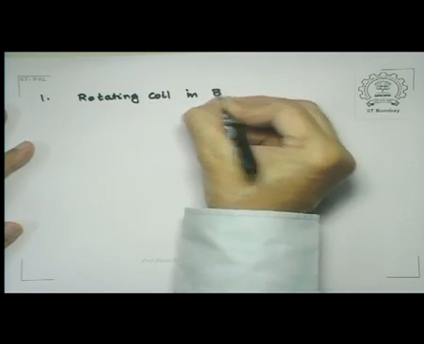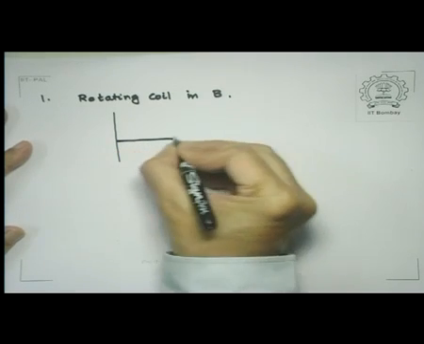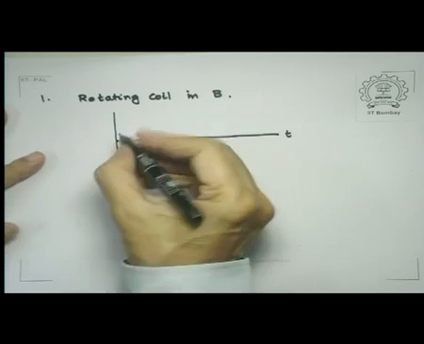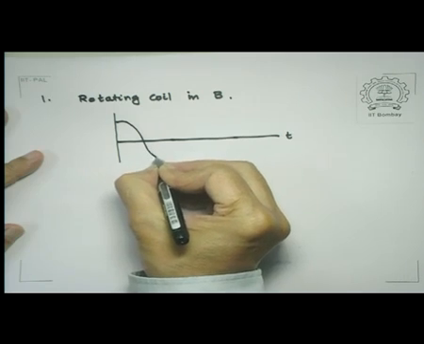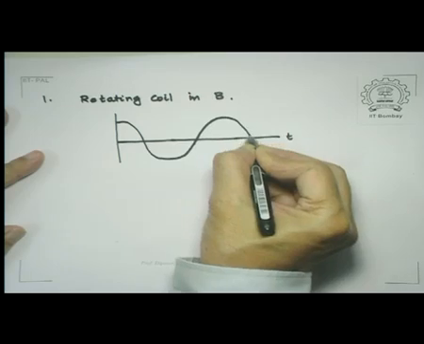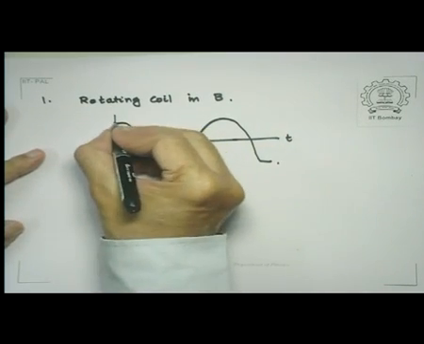The rotating coil in a B field, and the voltage or the EMF that is generated, we will draw as a function of time, and it is something like this. And this is the peak voltage.